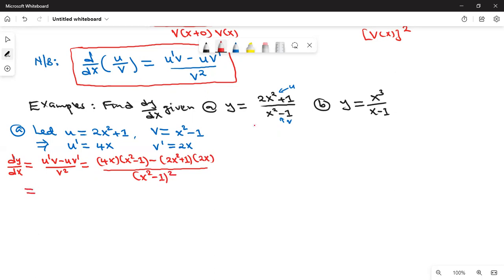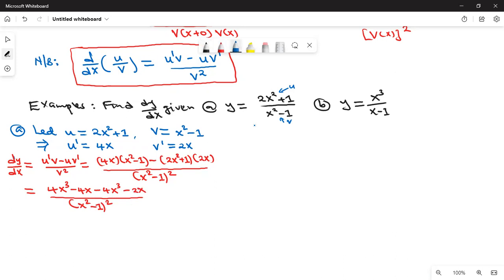So when you open the bracket in the numerator, we are going to get 4x cubed minus 4x, minus another 4x cubed, minus 2x. This is over x squared minus 1 squared. And you see now we can simplify.